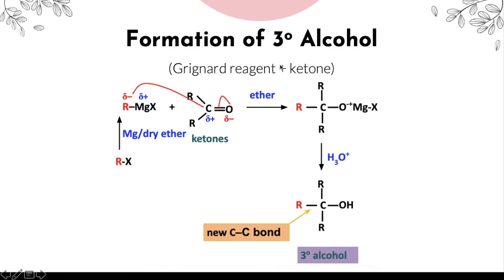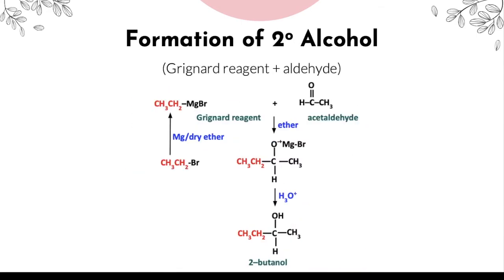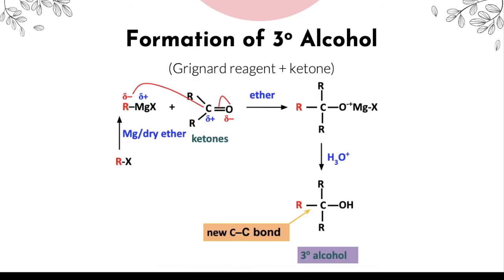Formation of tertiary alcohol. The reactants are Grignard reagent and ketone. So this time for tertiary alcohol we must use ketone. Unlike primary and secondary alcohol, where we use aldehyde, for tertiary alcohol we use ketone. Note that all 3 are carbonyl compounds.